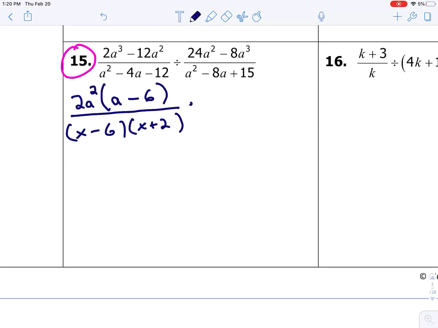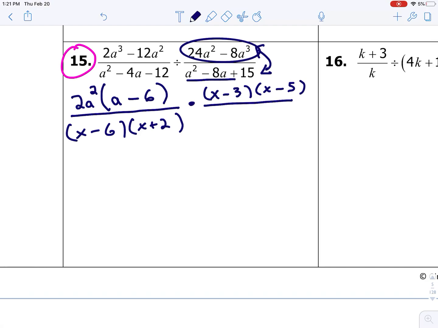And we're going to switch the division to multiplication. And remember, we have to switch this one. Okay? So the numerator is going to be this. And the denominator, well, what can I factor into these two? Well, the number 4 divides into both of them.